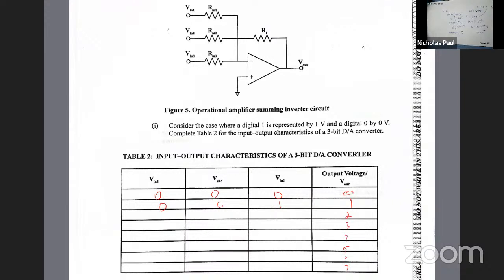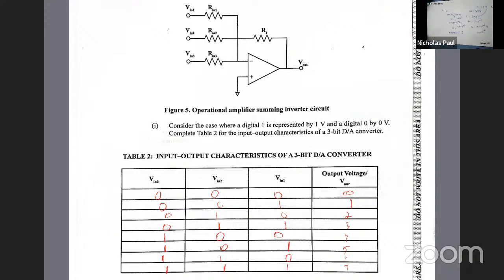So 0 1 0, 0 1 1, 1 0 0, 1 0 1, and so on. So that's how you fill the table out.